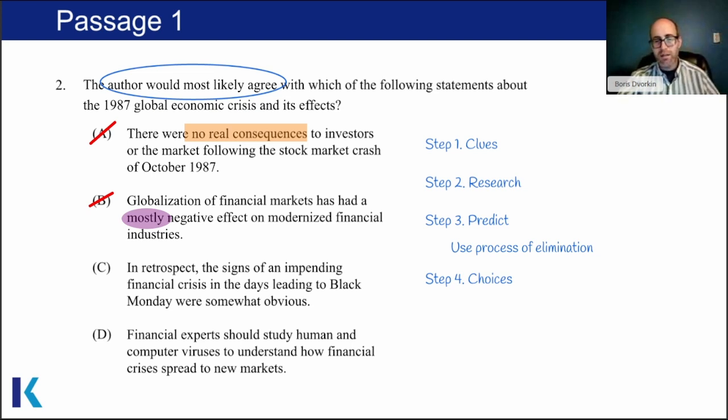Choice C. In retrospect, the signs of an impending financial crisis in the days leading to Black Monday were somewhat obvious. Let me know in the chat, folks. Does the passage suggest that it was somewhat obvious that there was going to be a crisis? We had a whole paragraph about it.